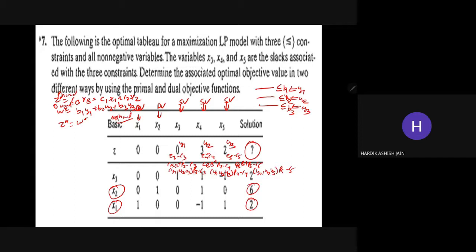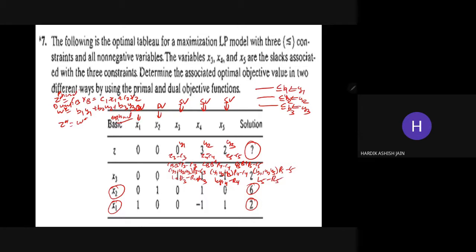This only means left minus right of the third, fourth and fifth dual constraints.